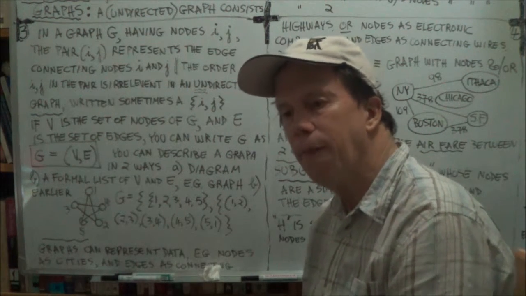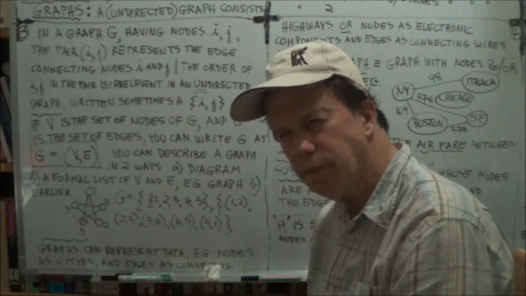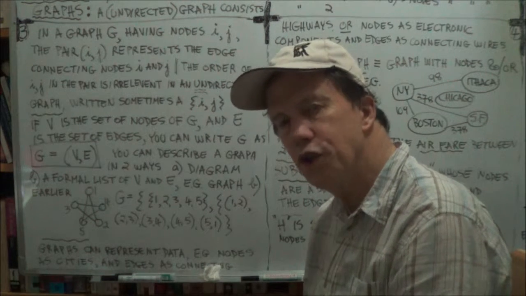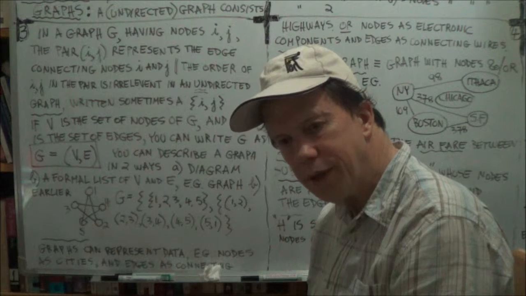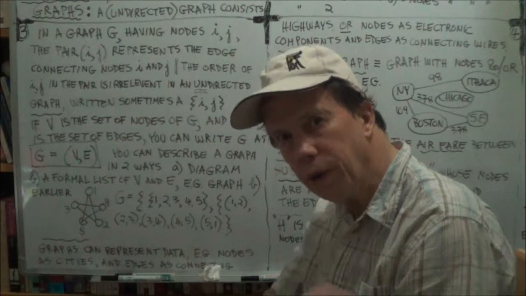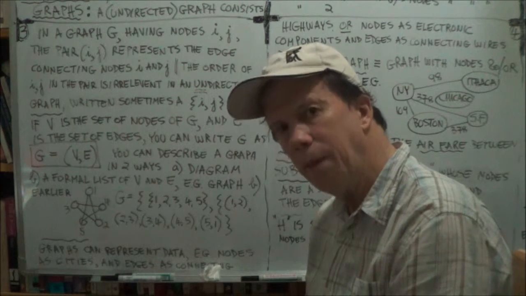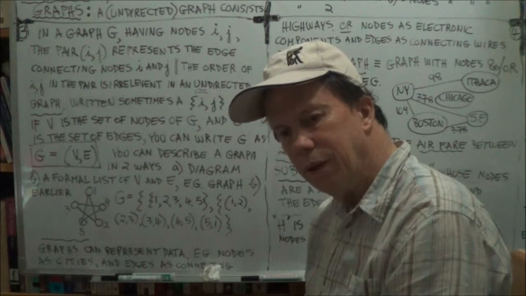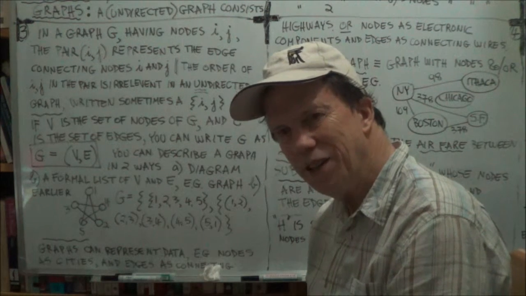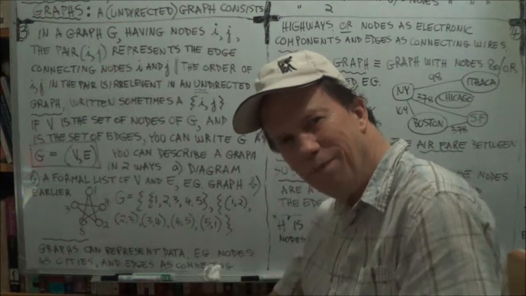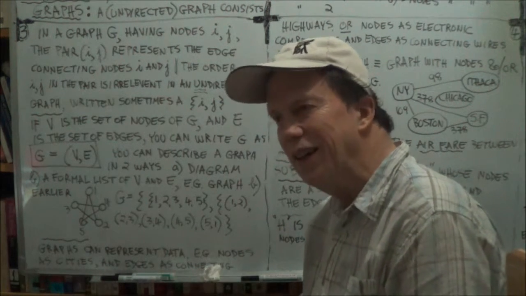But let's say your nodes are oil storage tanks, and your edges represent oil pipelines. For a given pipeline, there's not much point, for common sense reasons, sending oil in two directions between, let's say, cities A and B. It's sort of pointless.